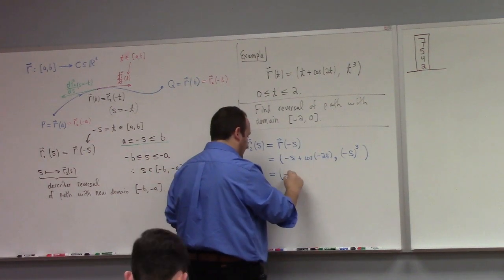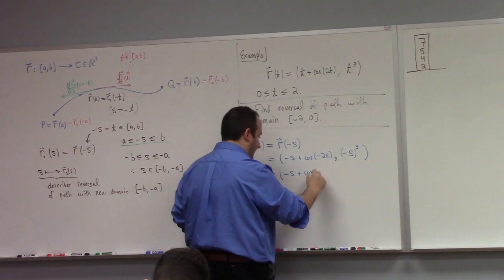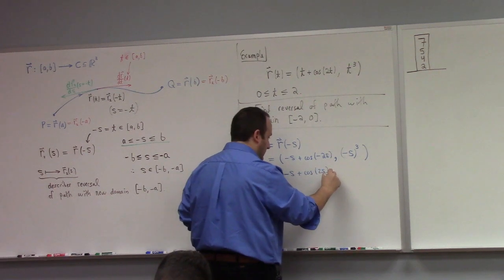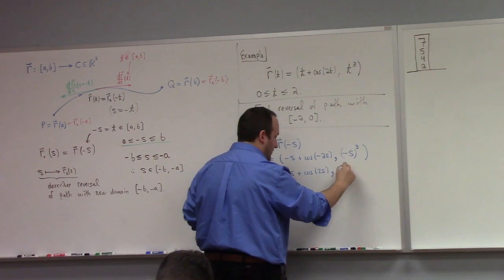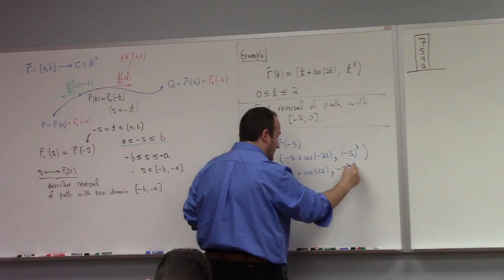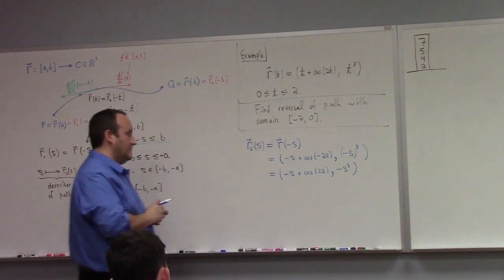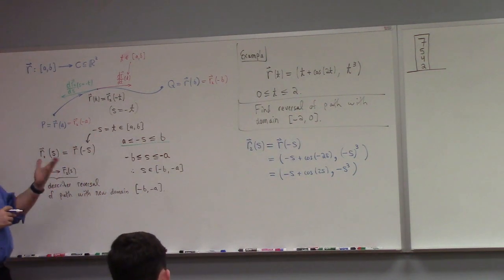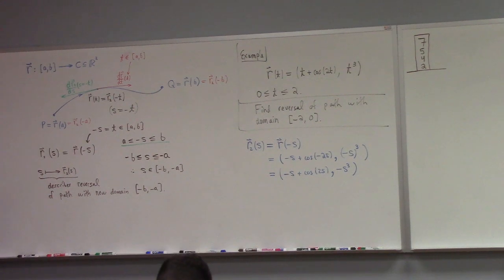So this is minus S plus the cosine of 2S, comma, minus S cubed. No parentheses because the minus pulls out of the cube. So there you go. That would be the reversal of the path that's given in this example.